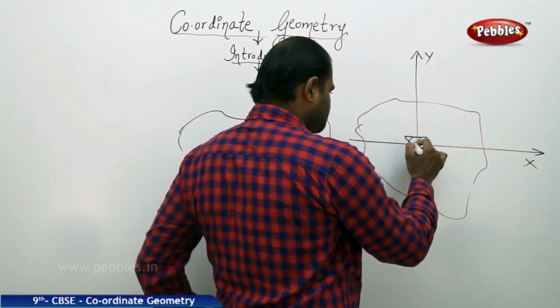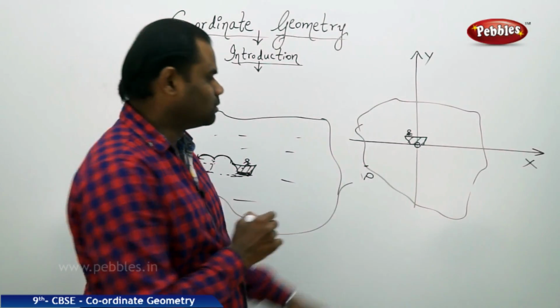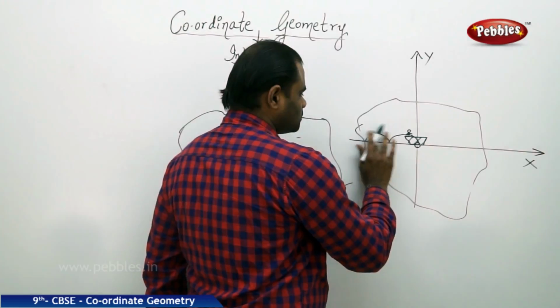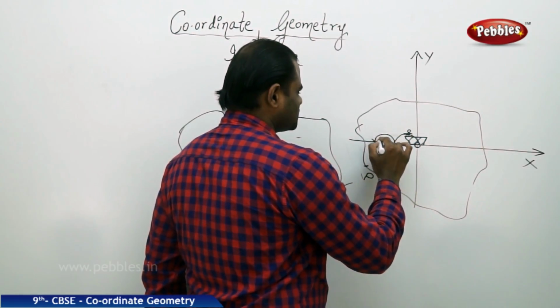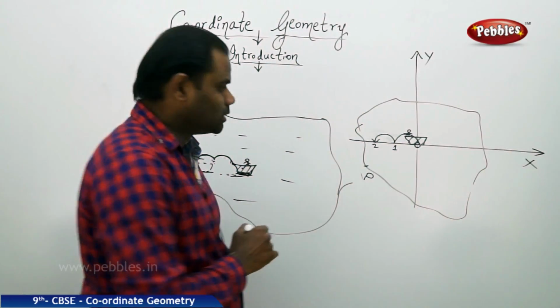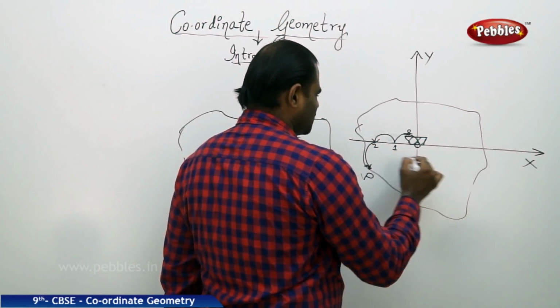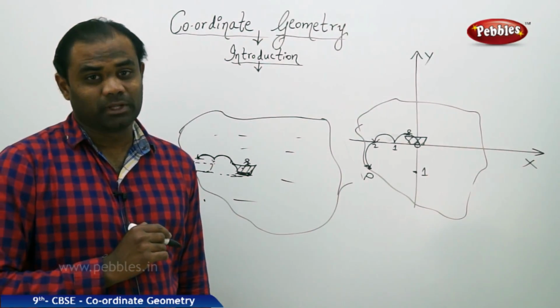A person standing here in the ship in the sea would move 2 units, 1 and 2 units to the left, and then he would move 1 unit down. Is how we understand the opening problem.